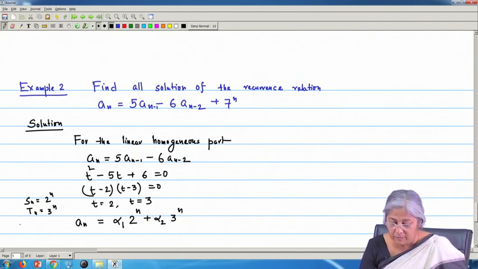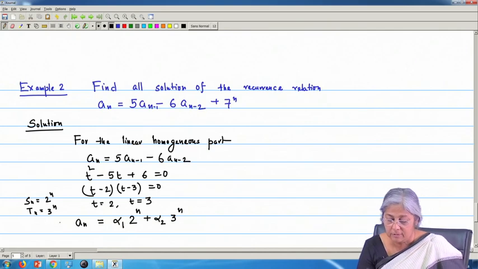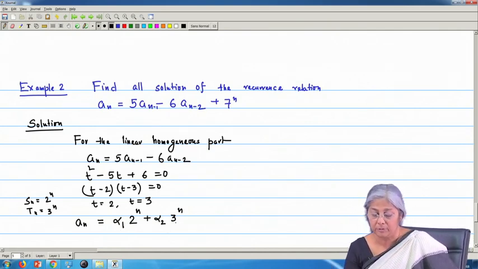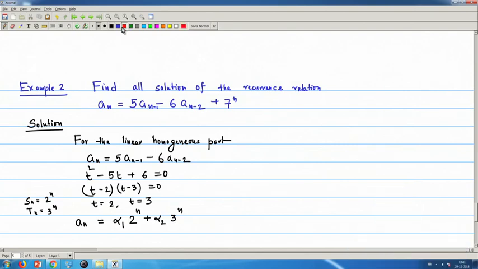So the solution is alpha 1 2 to the power n plus alpha 2 3 to the power n. So, this is my linear homogeneous part.